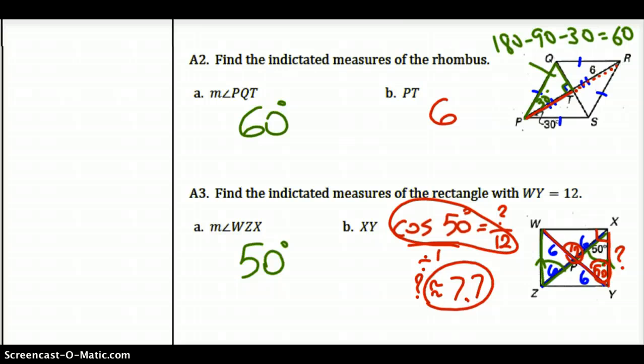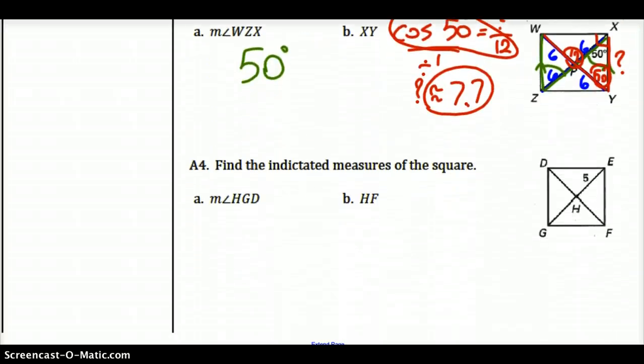Okay. One final problem here is find the indicated measures of the square. The square has right angles all over the place. Right here, if that's 5, this is 5, this is 5, and this is 5. So the first question is angle HGD.